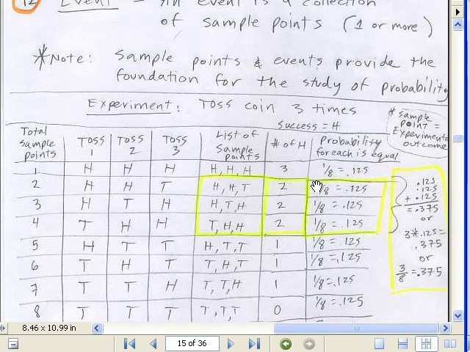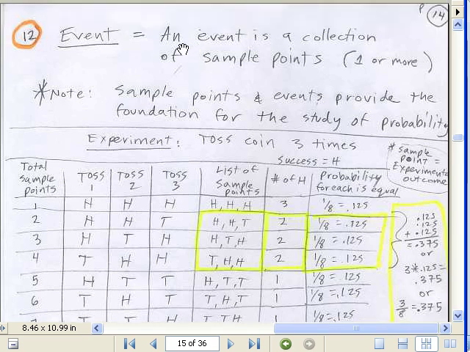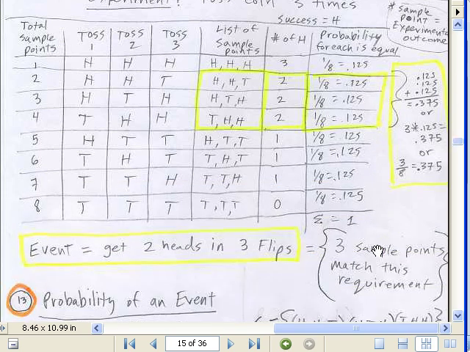Now this is classical probability, meaning each outcome is equally likely, so each one is 1/8. If we add these up, we get 0.375. That is the probability of getting 2 heads in 3 tries. So this event is collecting these sample points up, and those are them. And then you can calculate your probability.